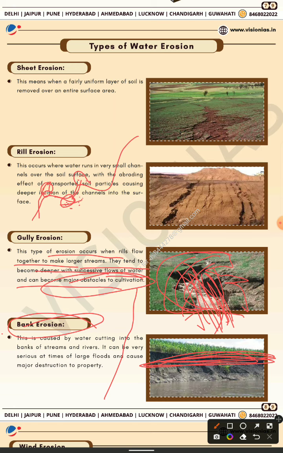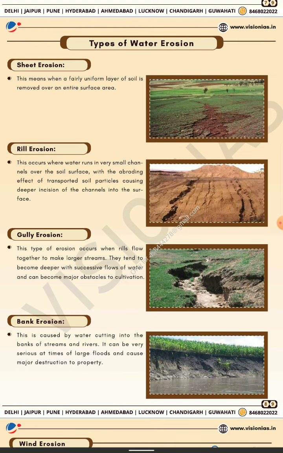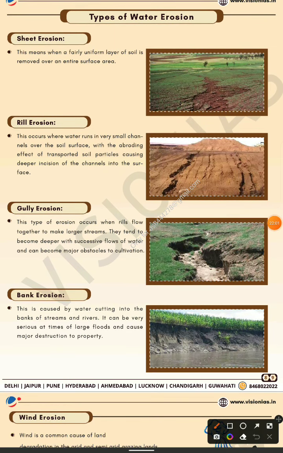This type deposit and this part eroded. Then bank erosion is caused by the wetting and cutting into the bank and the stream. The rivers can be seasonal with larger floods, causing major disputing of the property. Then you have realized sheet, rill, gully and the bank.